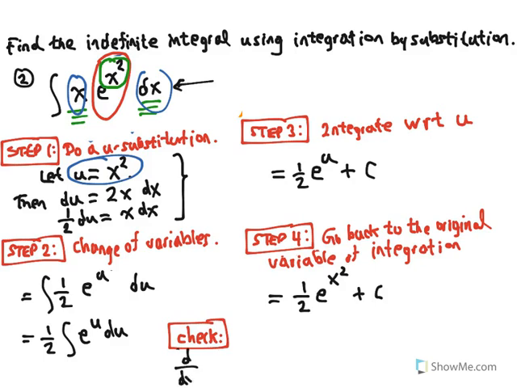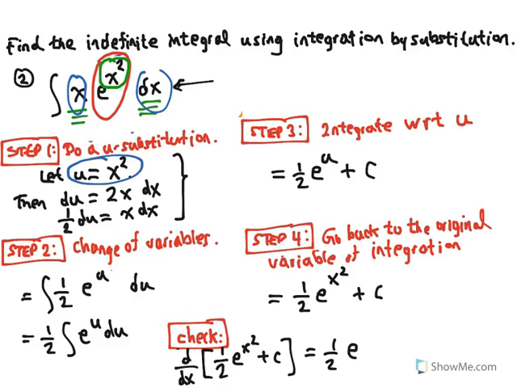And we can check our work when we take the derivative with respect to x of 1/2 e to the x squared plus c. What do we get? So you have the constant 1/2, and to take the derivative of e to the x squared, you have to use the chain rule because you have a composition of two functions.